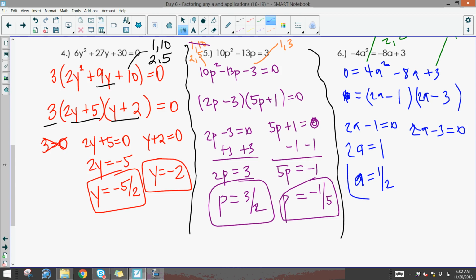So that's one of your answers. And then we're going to add 3 to both sides here. And we get 2a equals 3. Divide by 2, and a is 3/2. So those are your 2 answers.